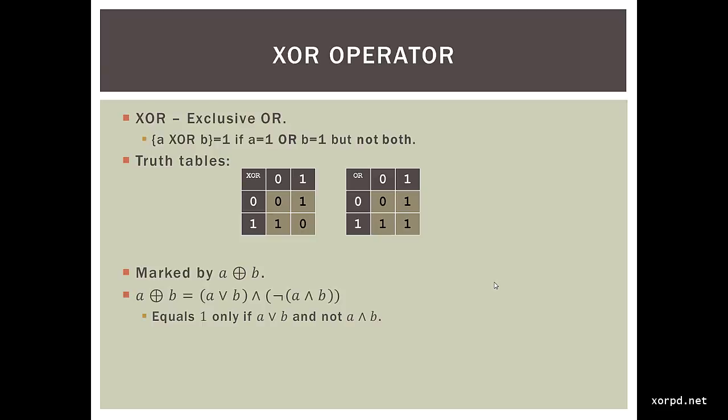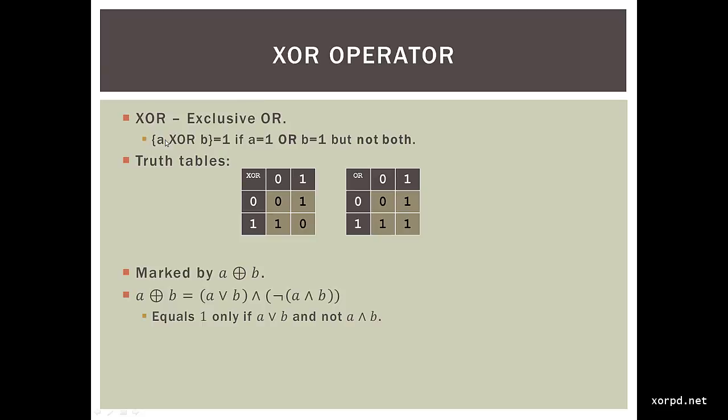The XOR operator. It is also known as exclusive OR. It works like this. A XOR B equals 1 only if A equals 1 or B equals 1, but not both. The not both part is what turns this OR to be exclusive.